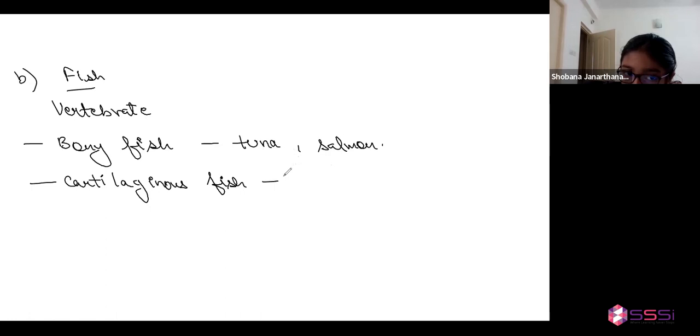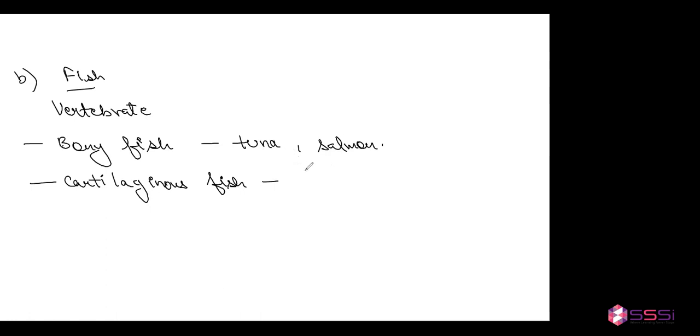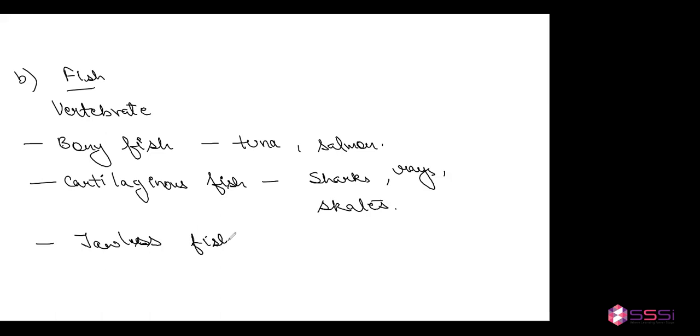Cartilaginous fish include sharks, rays, and skates. And last is the jawless fish. It is a small family made up entirely of hagfish and lampreys.